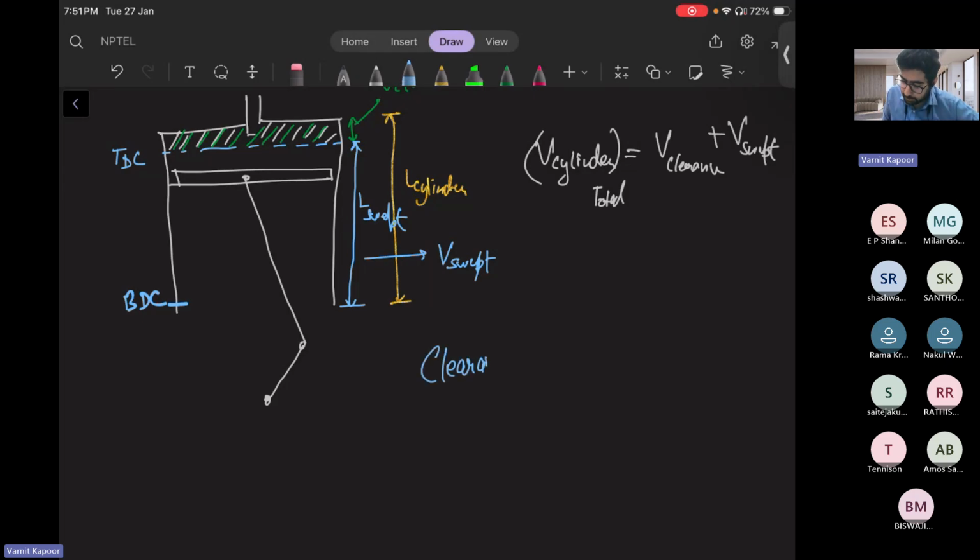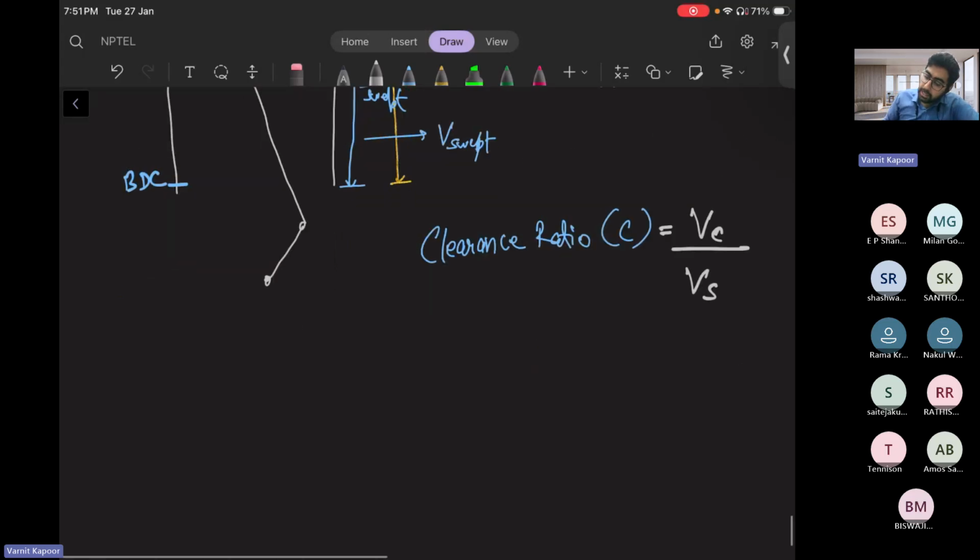I think this was one person's doubt: what is clearance ratio? I told you we'll come to this. Clearance ratio is clearance volume to swept volume, Vc by Vs. And what is your clearance volume?